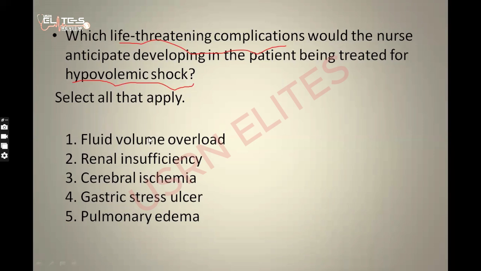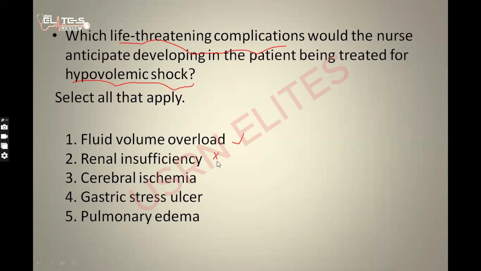So let's begin with option 1. Is fluid volume overload a complication that can develop when a patient is being treated? Yes. Option 2, renal insufficiency. Can it be? No. Cerebral ischemia.